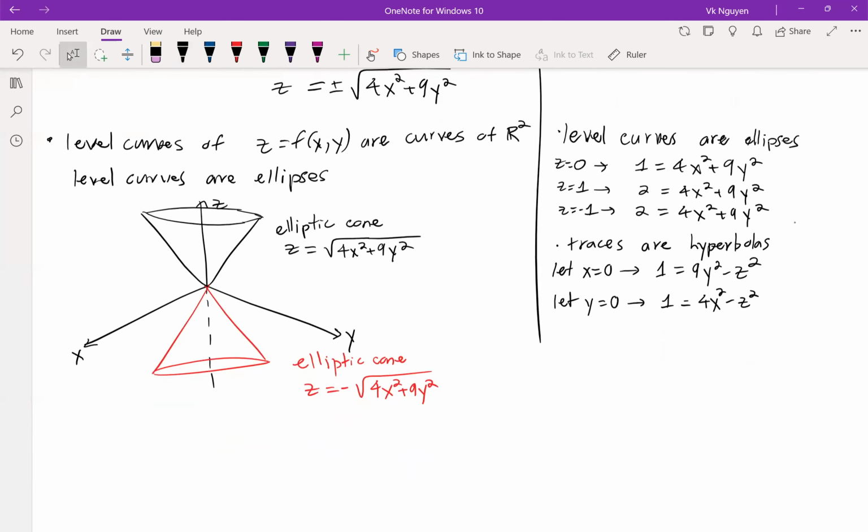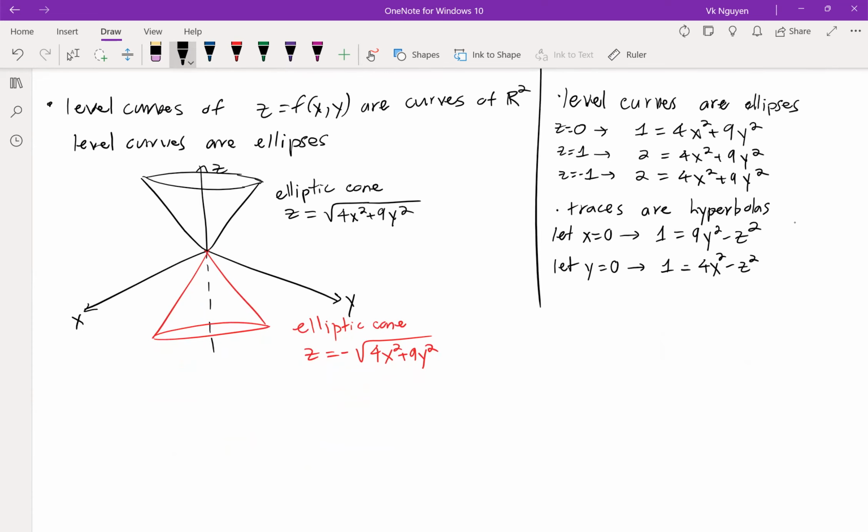So meaning that when we do the sketch, you've got to be a little careful. You're going to have to do some connection that is consistent with the level curves and the traces. At z equal to 0, we're going to have an ellipse, so there is one ellipse right here.